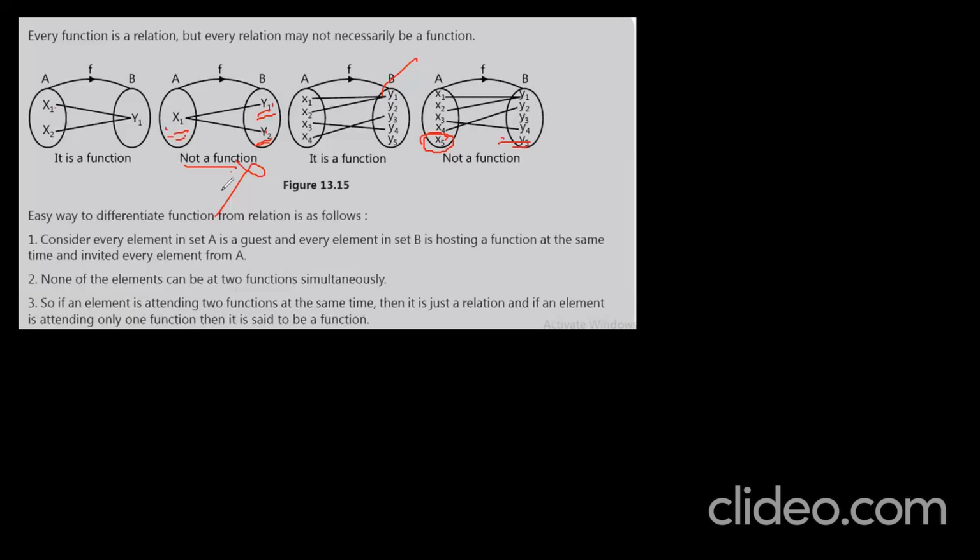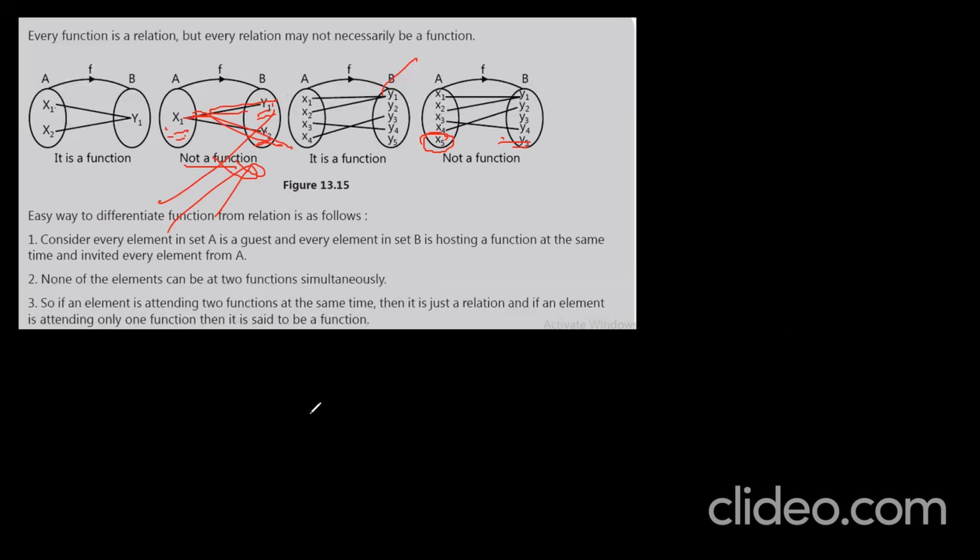One host can invite one guest. None of the elements can attend two functions simultaneously. So if an element is attending two functions at the same time, then it is just a relation, not a function. Okay, got it?